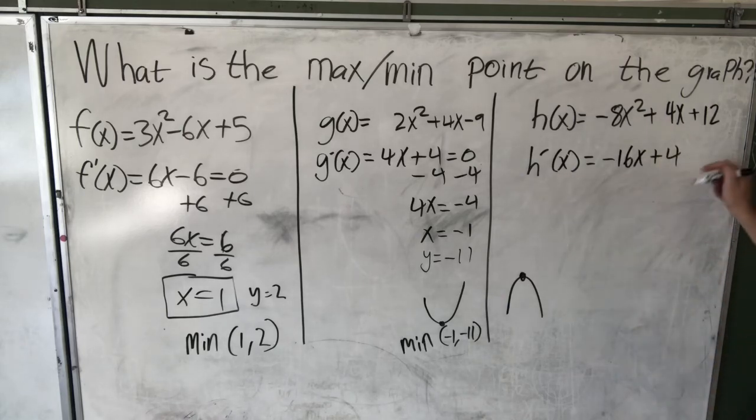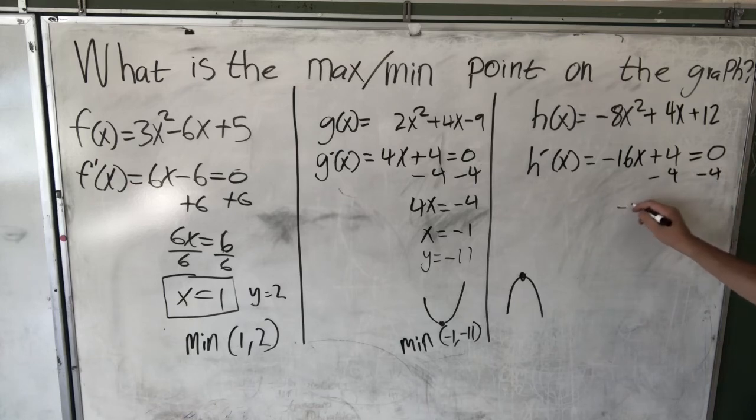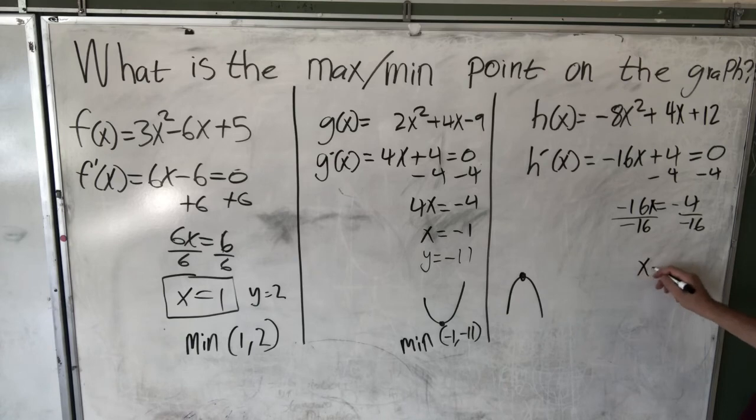I want to figure out where that's 0, so I'm going to subtract 4, which gives me negative 16x equals negative 4. Divide by negative 16, divide by negative 16. That gives me x equals 1/4.